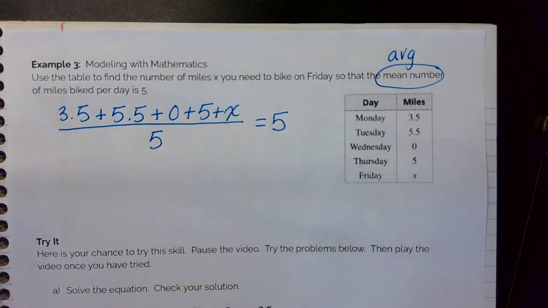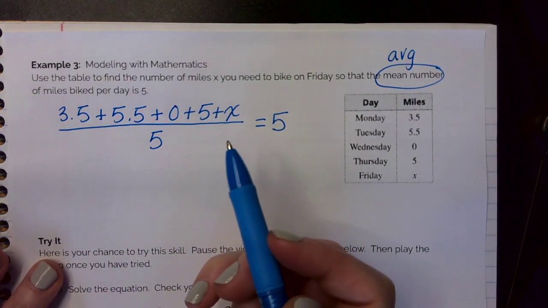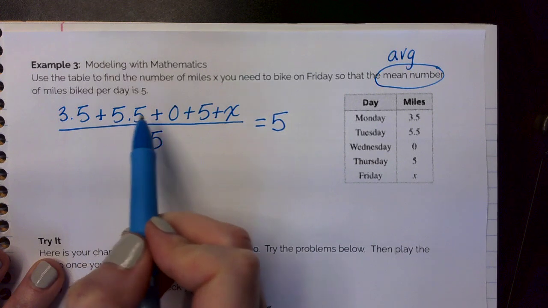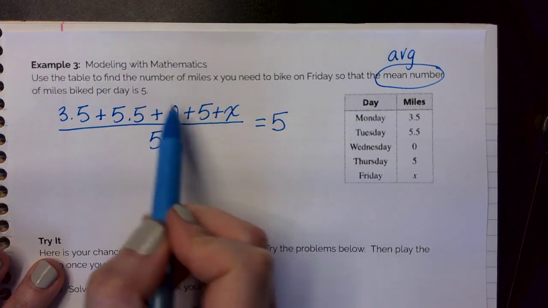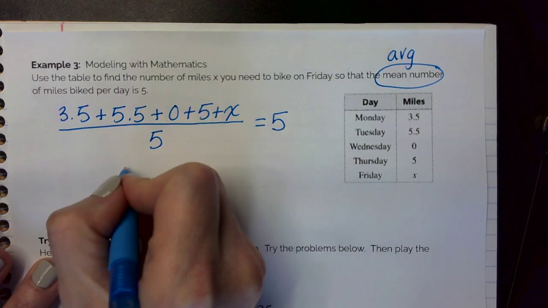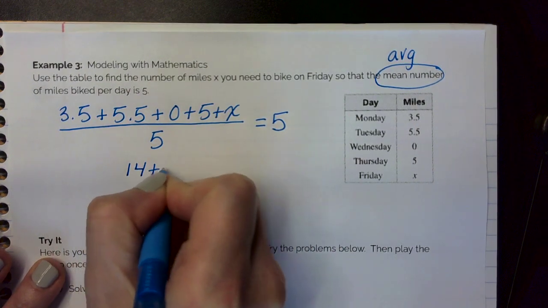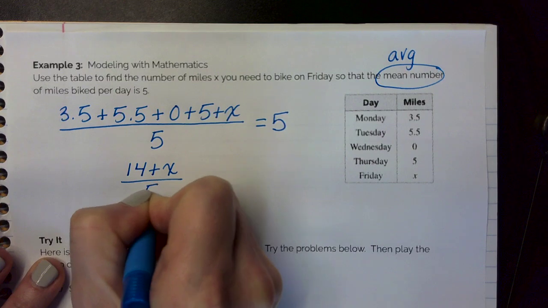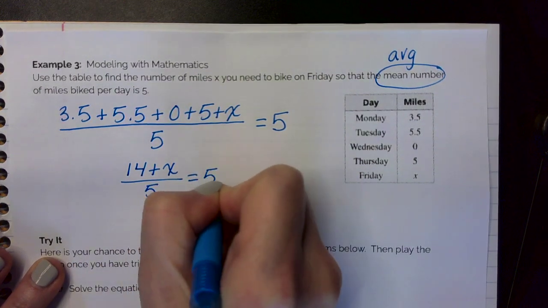Okay, let's get to solving equations now that we've established the equation. We can simplify this numerator by adding all these constant values. So this is 9, 14. We end up with (14 plus x) divided by 5 equals 5.